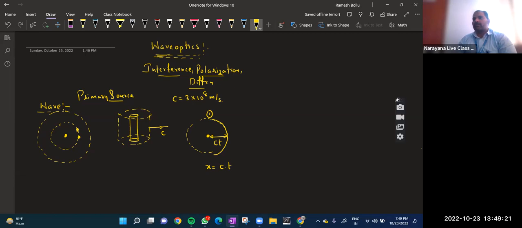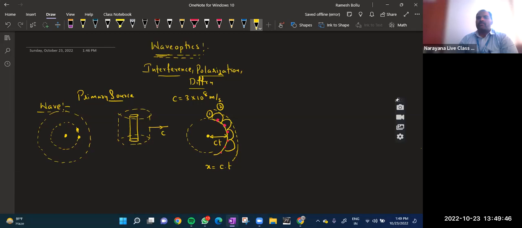As I told you, every point on the wave is acting like a secondary source of light. So that also will produce some tiny wavelets like this. If you join all of them, again we will get the new position of the wave.